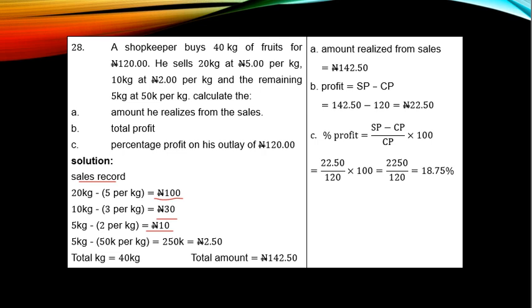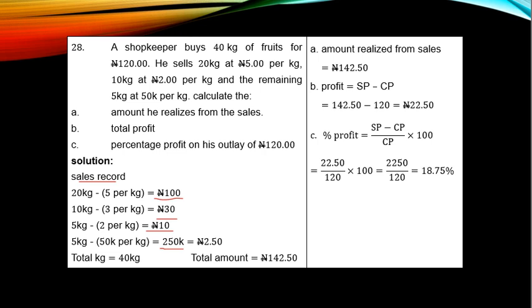The last round of sales is 5 kilogram at 50 kobo per kilogram. So if at this stage 1 kilogram is 50 kobo, then the 5 kilogram becomes 5 times 50 kobo, and that is 250 kobo.